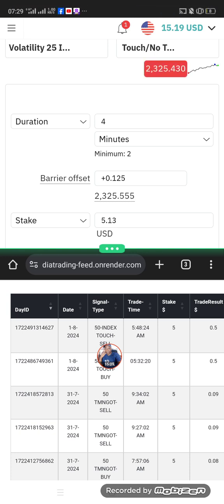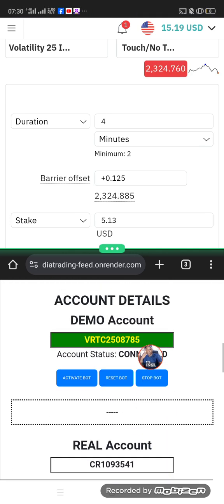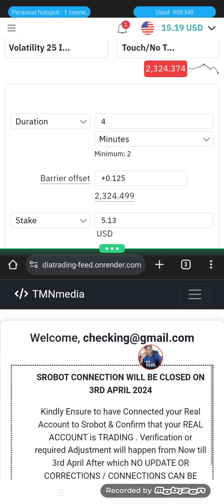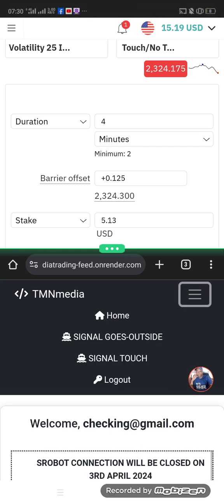So if it works well, the same way individual accounts, I have this connected to individual accounts, and the record is amazing. I cannot record it to show to anyone, I'm very sorry, okay?